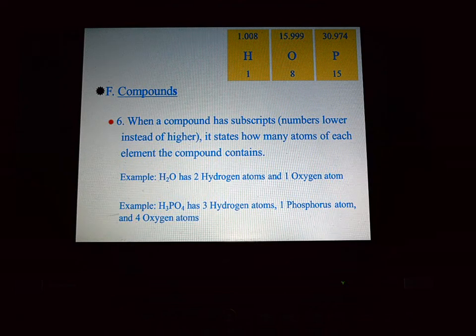Likewise, H3PO4 tells me there are 3 hydrogen atoms, 1 phosphorus atom, no number so it's 1, and 4 oxygen atoms in each one of those molecules. So H2O, that's 3 atoms to make up that molecule. H3PO4, that's 8 atoms to make up that one molecule.